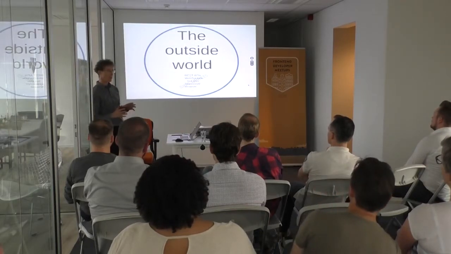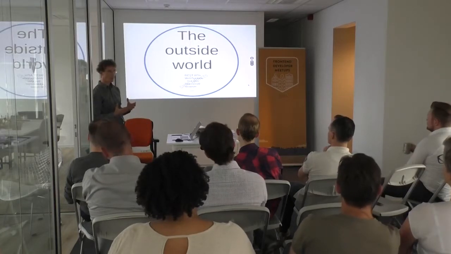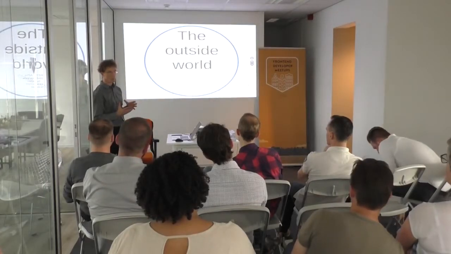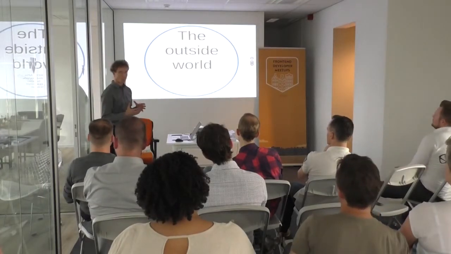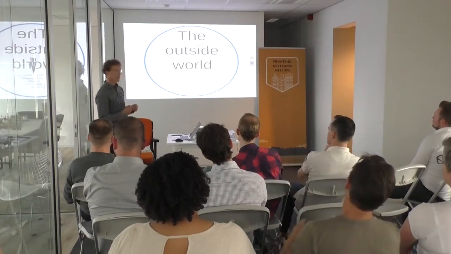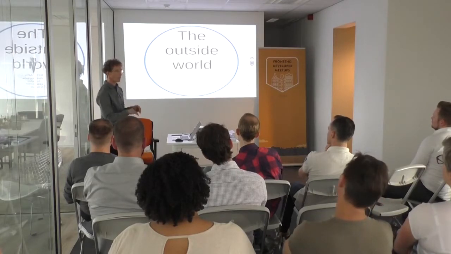So this was all about the model and how it's shown in the browser, and that's all written in Elm code. If you want to connect an Elm application to the outside world, you're talking about side effects. One of the principles of functional programming is that you have pure functions that don't have side effects.